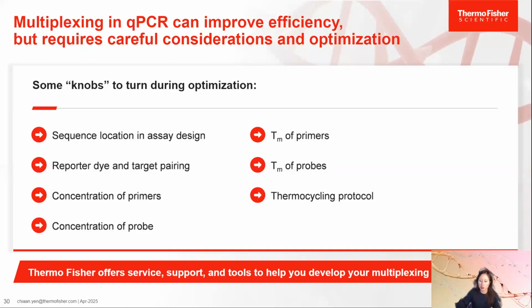But just know that when you adjust the thermocycling protocol, you might improve the performance of one target, but end up changing how the other targets might behave. So really having different versions of the primers and probes can help reduce the amount of time it's needed to develop a qPCR multiplex workflow.